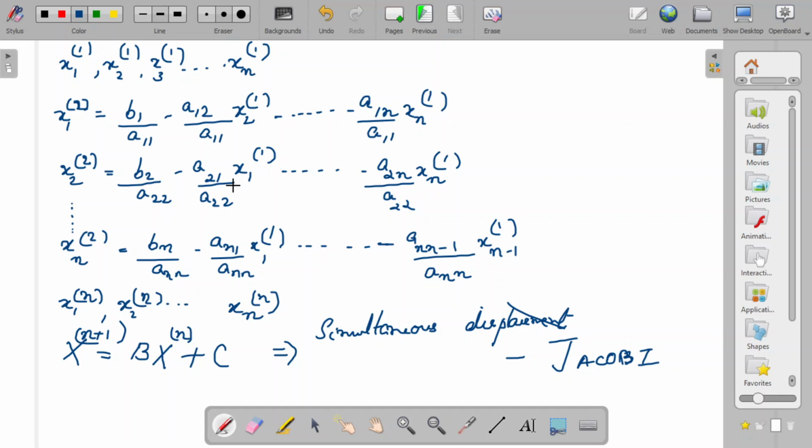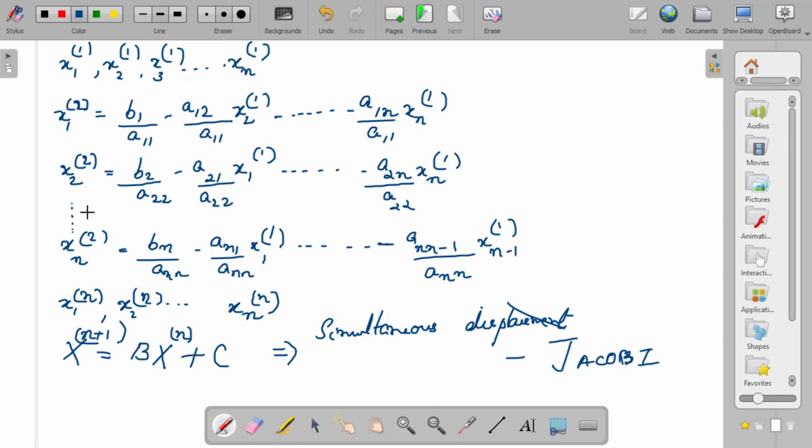That would be better because it will converge easily, right? You have already found the second approximate value for x1. Then you can use it here, and for all the rest you have only the first approximate values. Then you can find the second approximate value for x2.